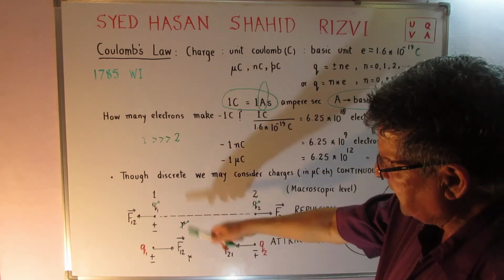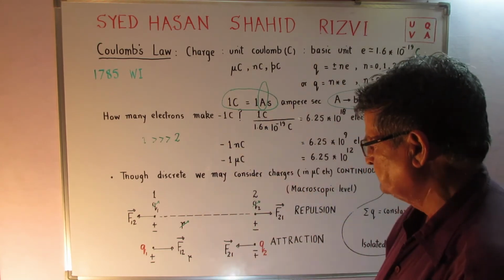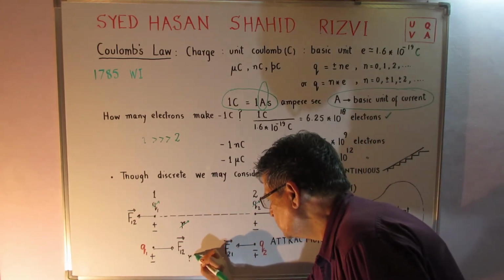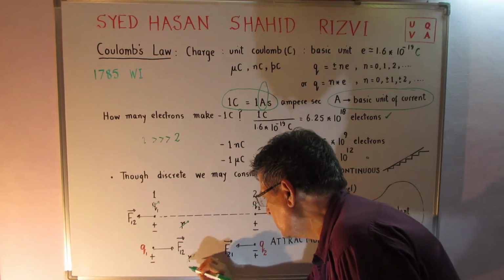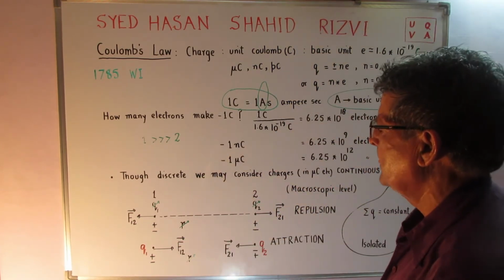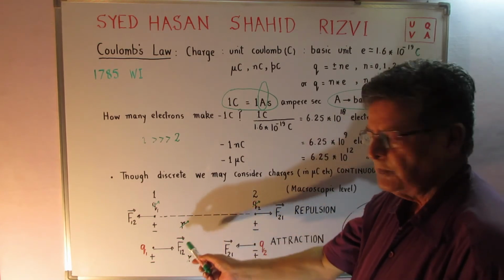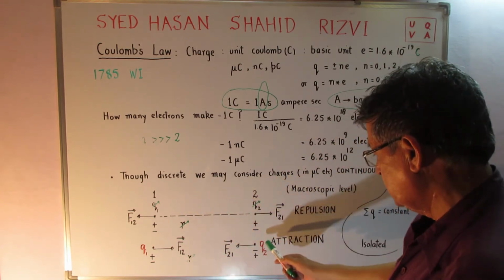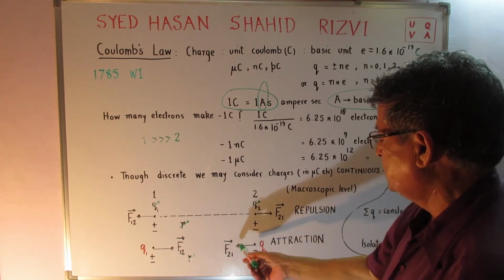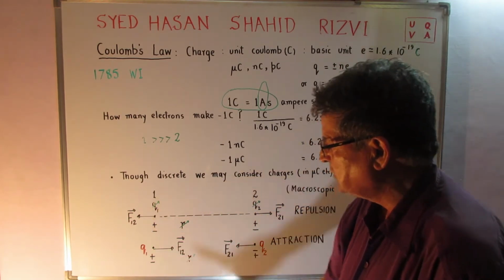The same logic applies in this case also, except of course, the r here is a variable. Okay, I have Q1 and Q2, they are also variables. The force F12 is towards the other charge, F21 is towards this charge.